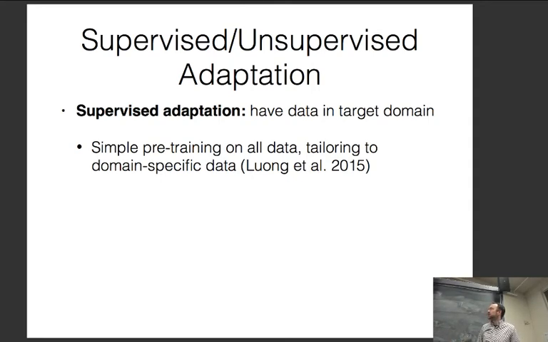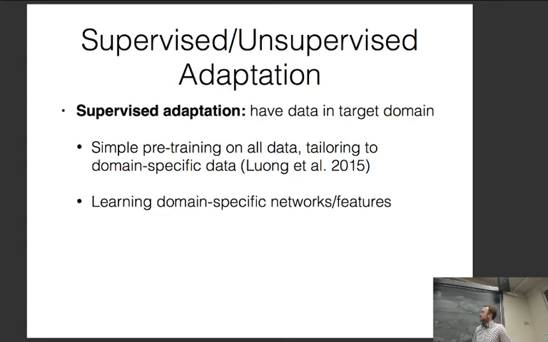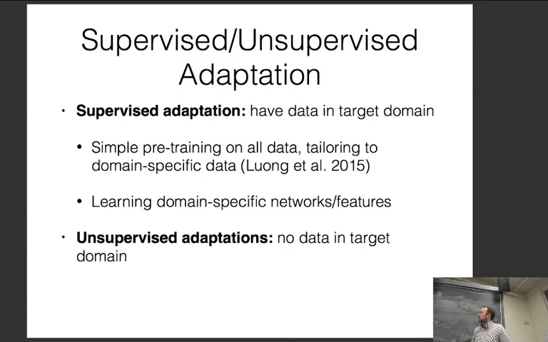That's another way of regularizing your model. This paper by Long et al. did this, and it gave them a huge gain in machine translation, by about 7 BLEU points, which is a huge amount. Also, you can learn domain-specific networks or features. I'll talk about this in a second. And for unsupervised adaptation, we have no data in the target domain, and we want to match the distributions of the extracted features, for example.